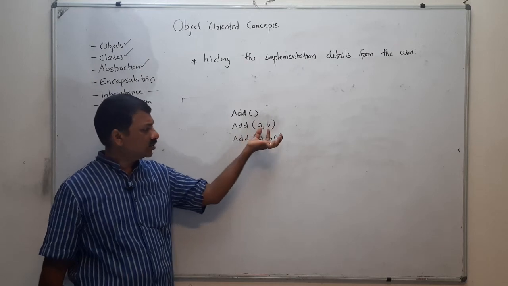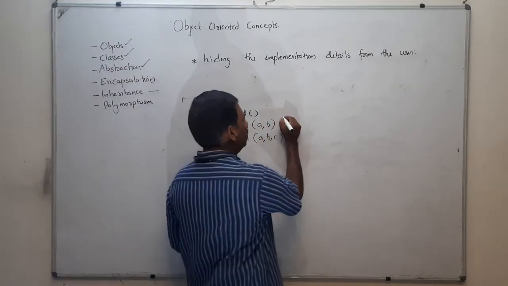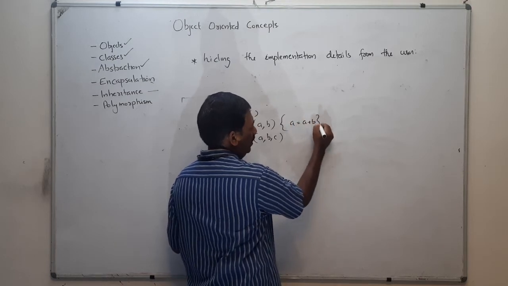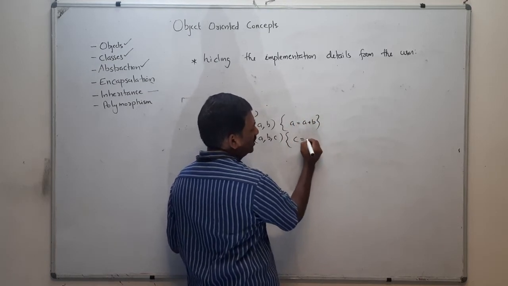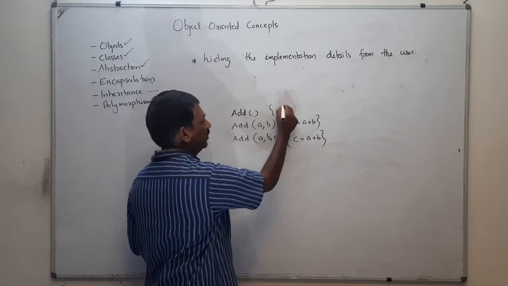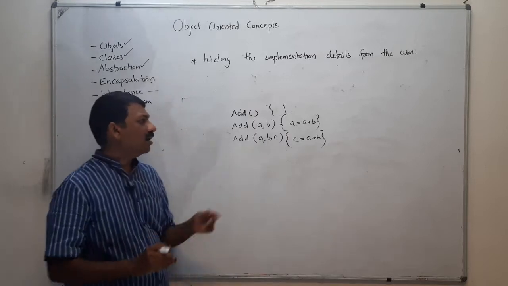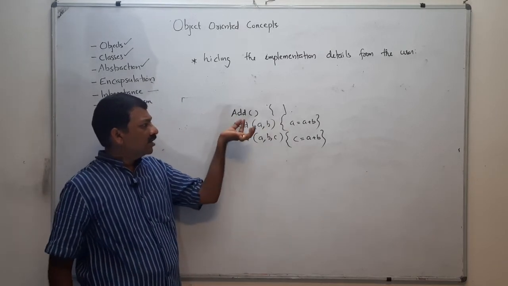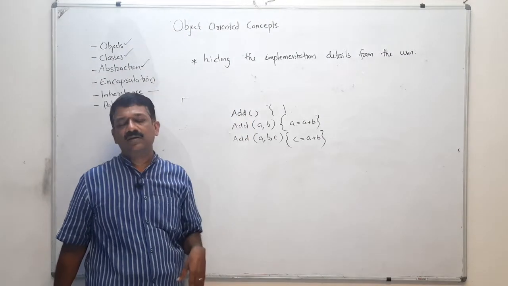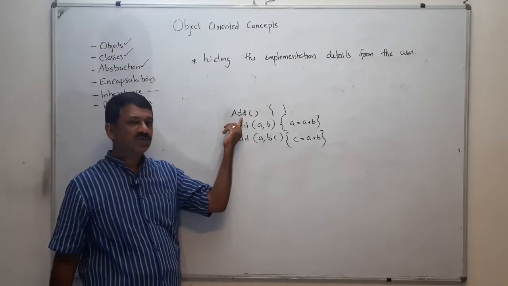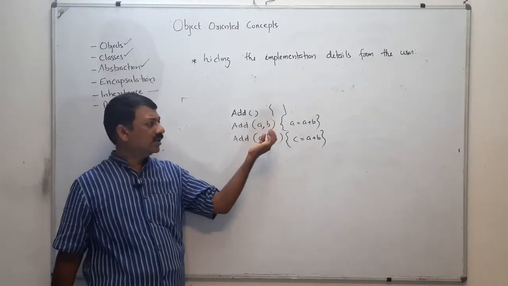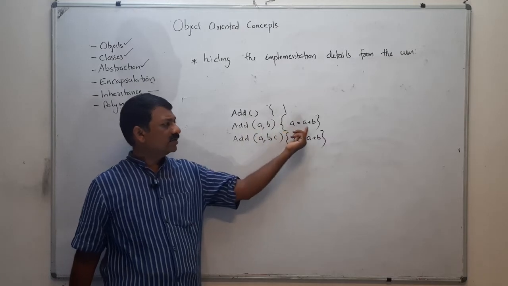Suppose the two-parameter add is a = a + b, the three-parameter add is c = a + b, and the no-argument add does nothing. When the simple add is executed, it does nothing. When add with two parameters is called, a and b are added and assigned to a. And add(a, b, c) means c is assigned a plus b.